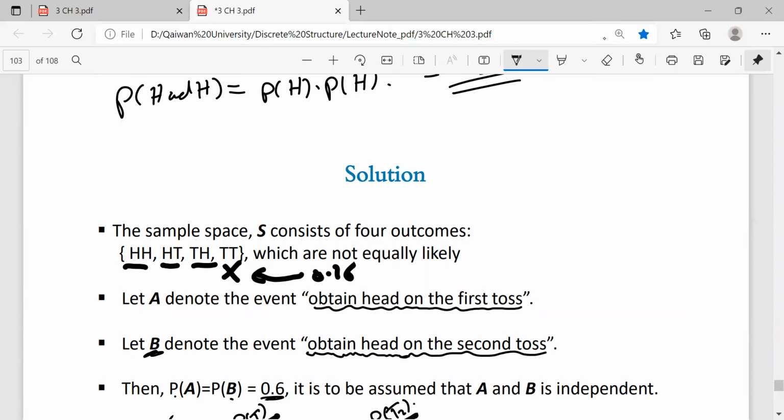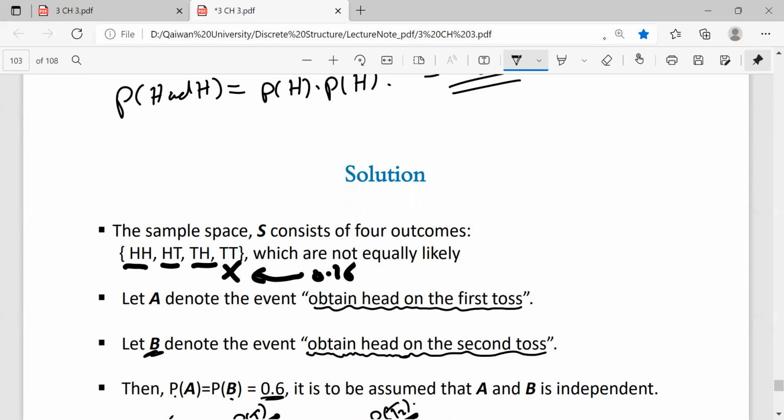We just say 1 minus 0.16, because all the sample space is two parts. It's either both tail or at least one head. It means no heads or at least one head. The probability of no heads is 0.16. So the probability of at least one head is 1 minus 0.16, which is 0.84.